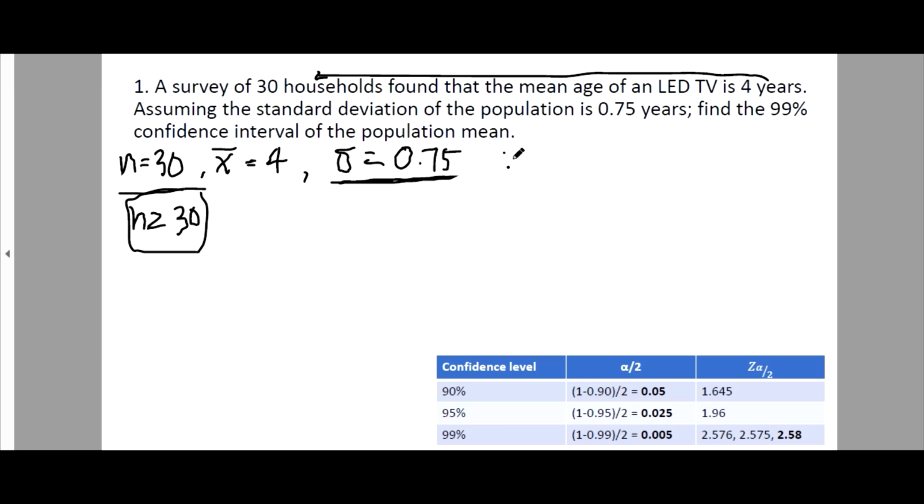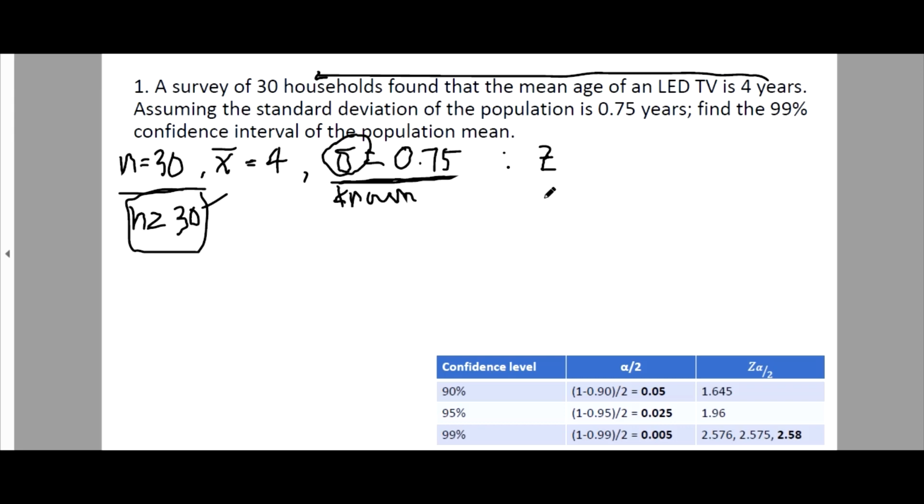This means that we will use the z distribution, because n is equal to 30, which satisfies this one, and the population standard deviation is known, then we will use z.